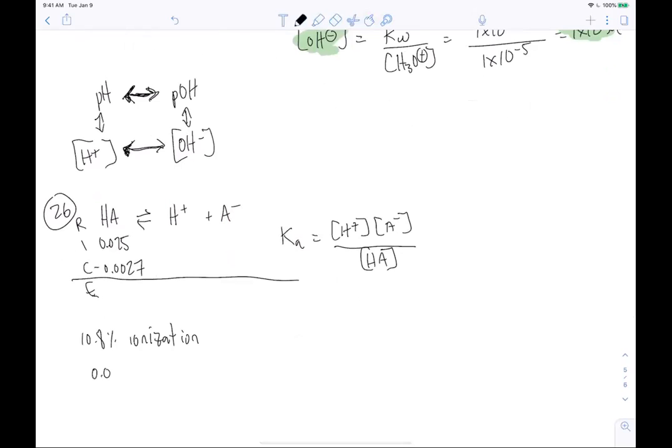I'm taking 0.025 and saying I know 10.8% of it is getting ionized, so we convert 10.8 out of percentages, and that gives me 0.0027. And this is the amount of the starting concentration that is no longer there at equilibrium. So you lose 0.0027 of that.